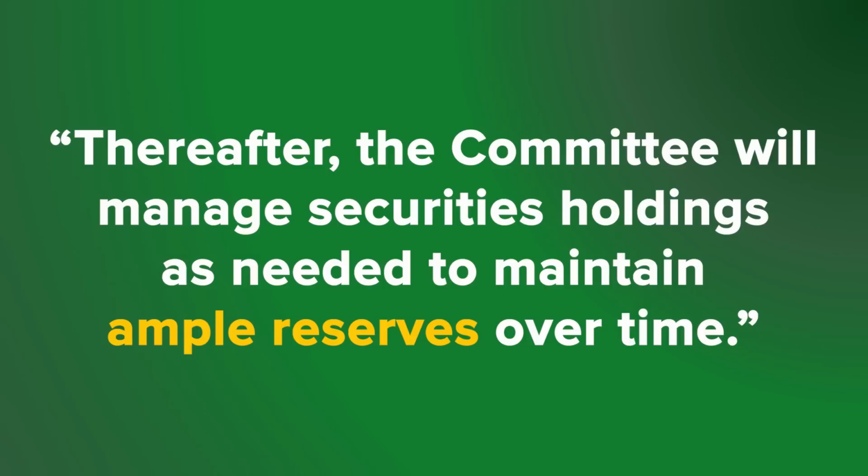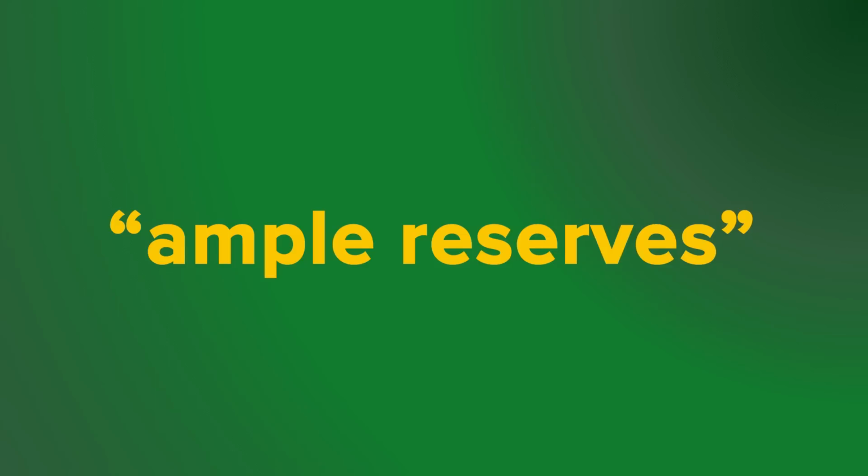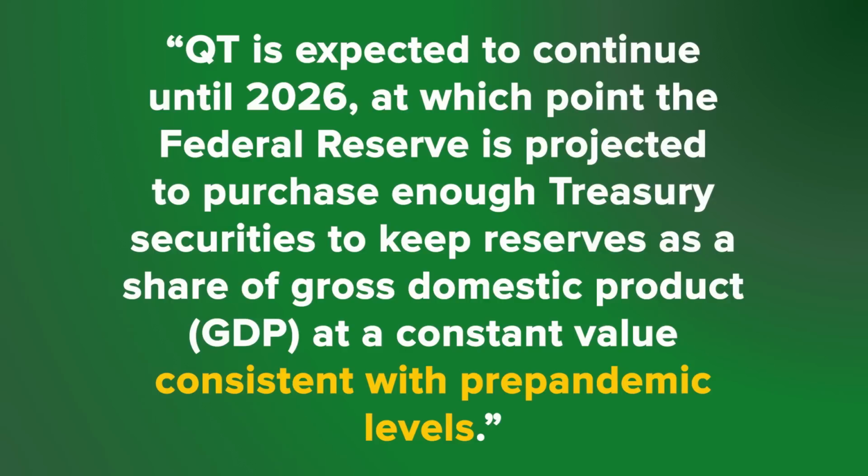What does that mean? The Congressional Budget Office released their interpretation in September 2022 with their understanding of the term ample reserves. "Quantitative tightening is expected to continue until 2026, at which point the Federal Reserve is projected to purchase enough Treasury securities to keep reserves as a share of gross domestic product at a constant value consistent with pre-pandemic levels."